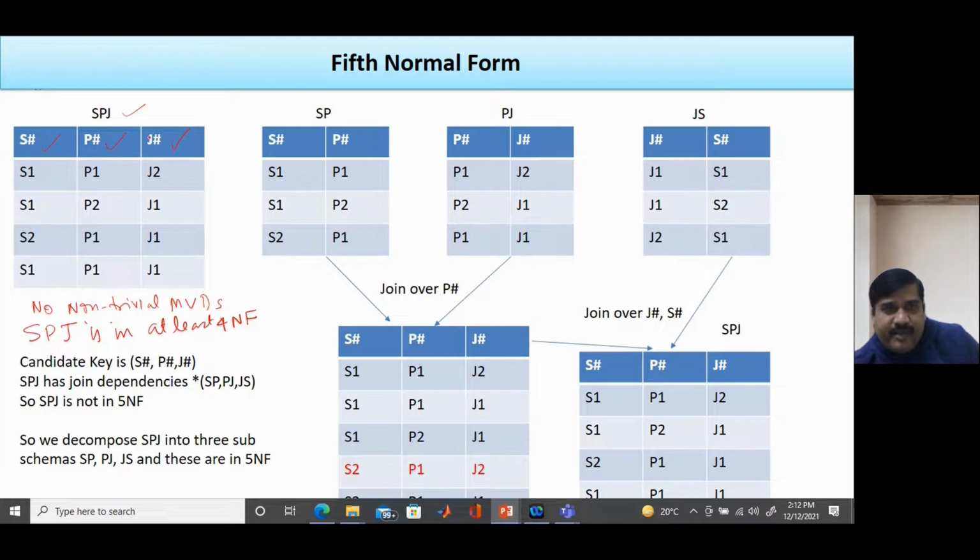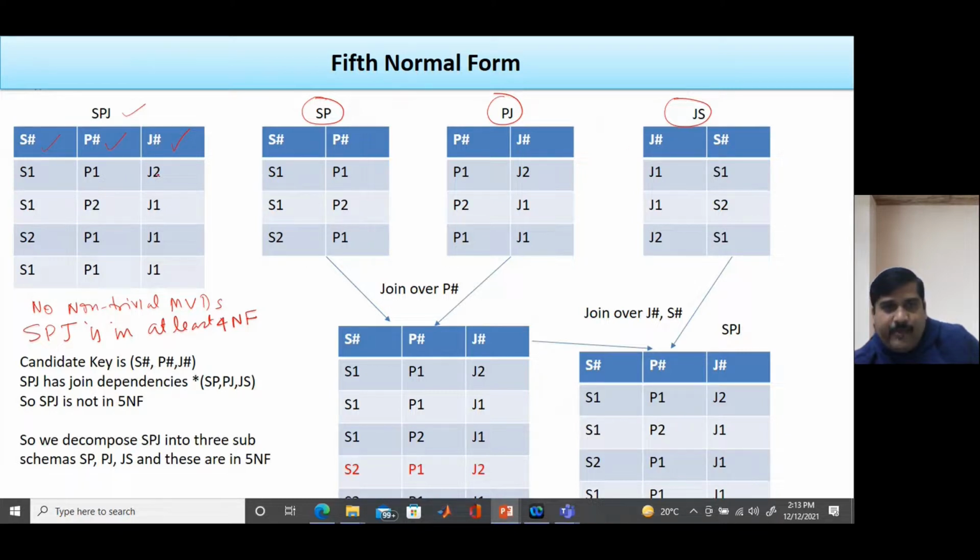See here, we decompose this table into three subschemas, SP, PJ and JS. In SP, we keep supplier number and part number, in PJ we keep part number and project number, and in JS we keep project number and supplier number.